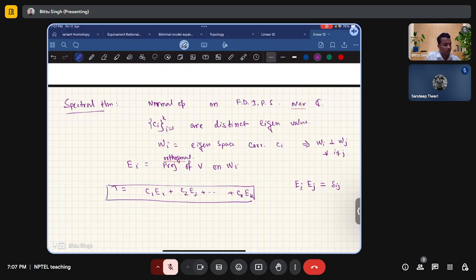If i and j are distinct, their product is 0, and if i and j are the same, the product is 1, because we know that the projection square is the same as itself. Sorry, E square is the same as E. Ei times Ej is 0 for i not equal to j.